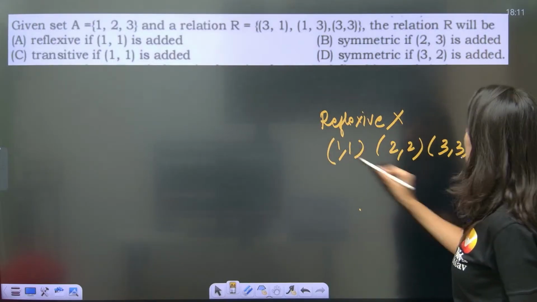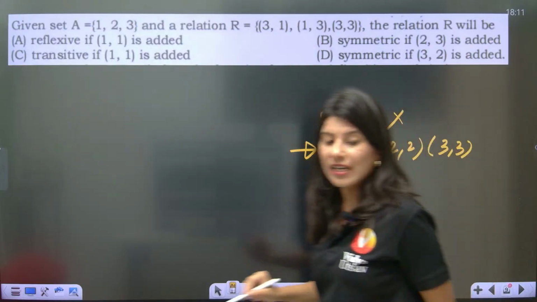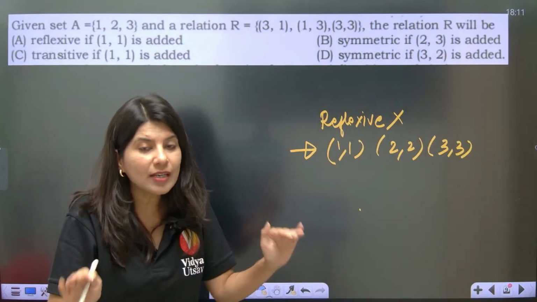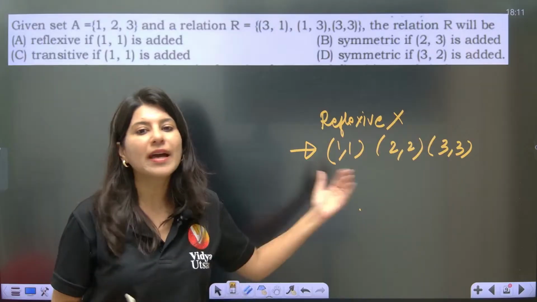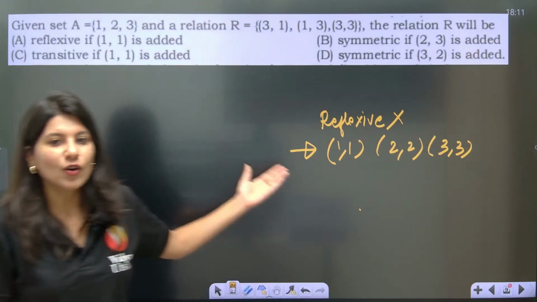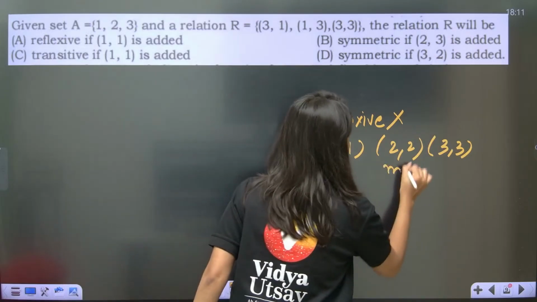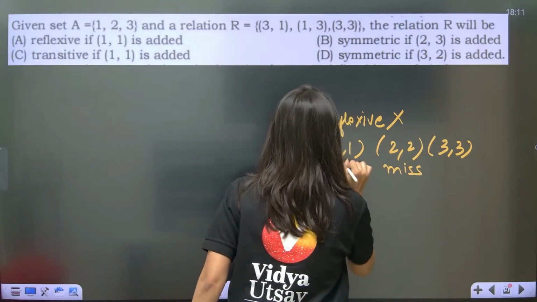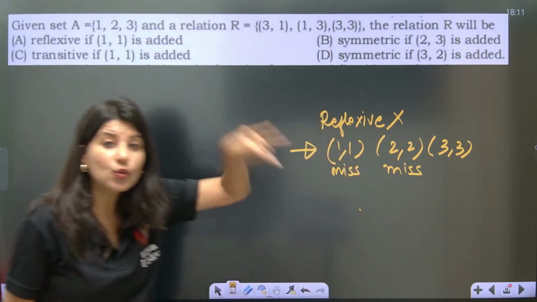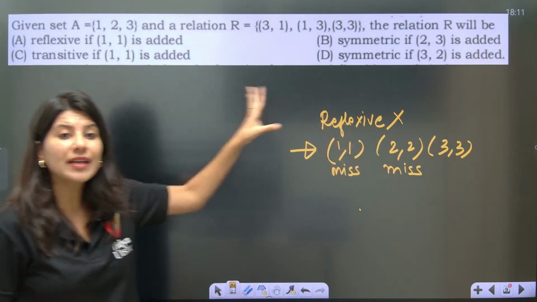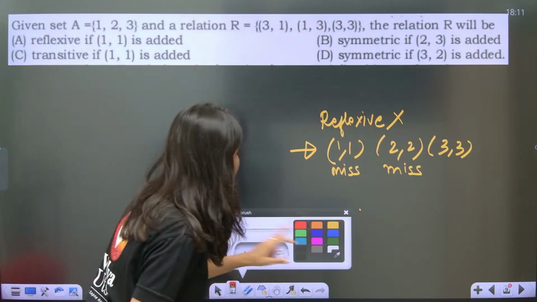All 3 should be available in my relation. If these 3 ordered pairs are not available, then I'm sorry, but my relation is not reflexive. Right now, I think 2,2 is missing, and 1,1 is also missing. So you need to add 2 ordered pairs, 1,1 and 2,2, to make it reflexive. Only adding 1,1 will not help.